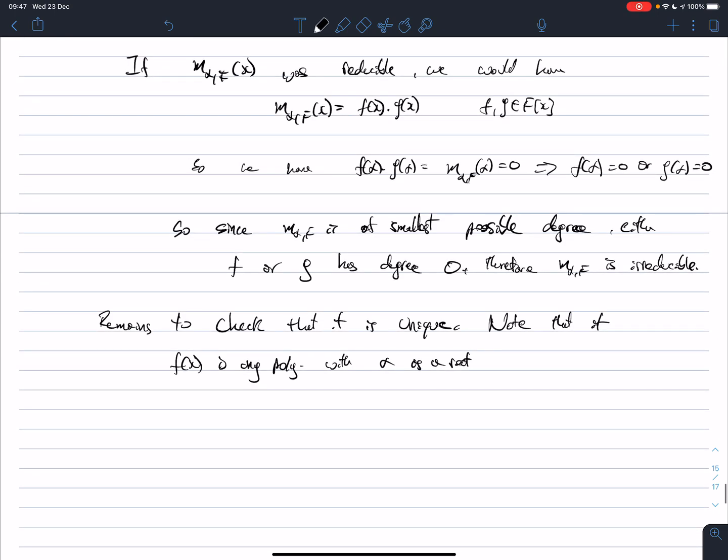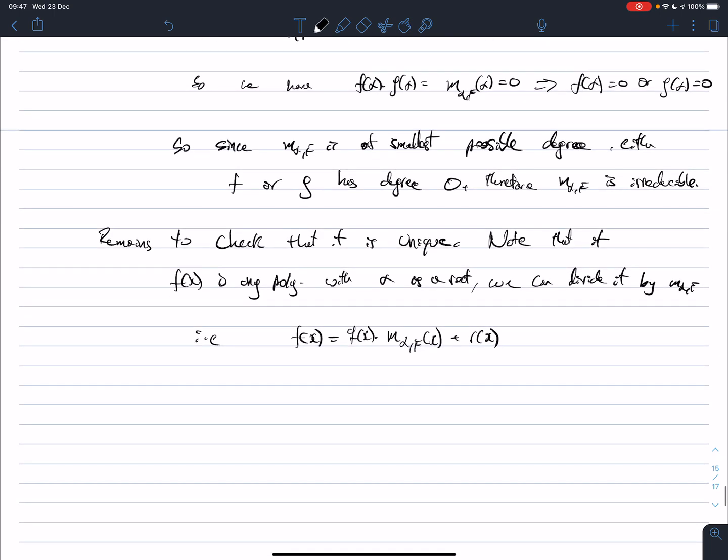So I can divide f of x by m alpha f, i.e. we have f of x equals q of x times m alpha f of x plus r of x, plus some remainder, with, crucially, as usual, the degree of r less than the degree of m alpha f. This is what division with remainder means.